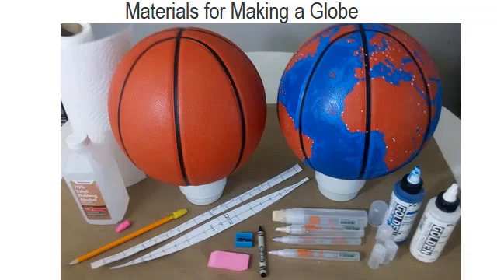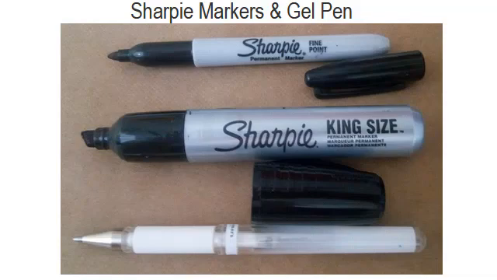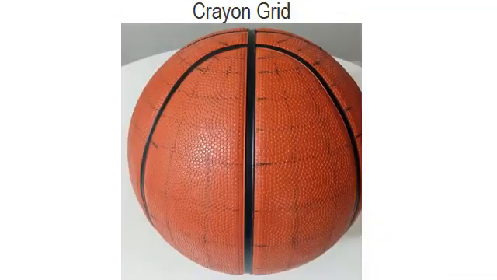Different colors and brands of acrylic markers and paint can be used. The simplest way to make a basketball globe is with Sharpie markers and a gel pen. One Sharpie must have a fine tip and the other a chisel tip. You start making a basketball globe by using a crayon to draw a grid of 15-degree wide squares.